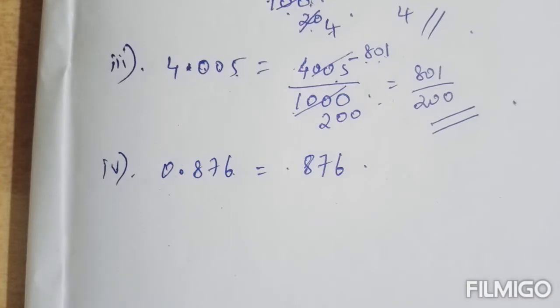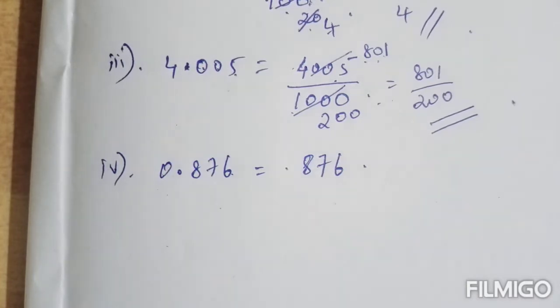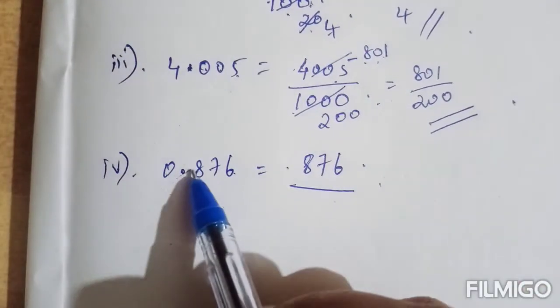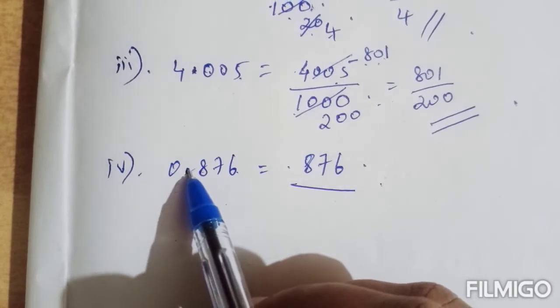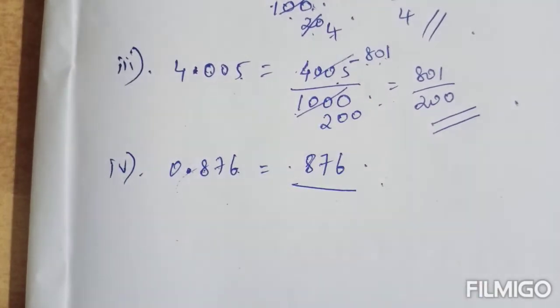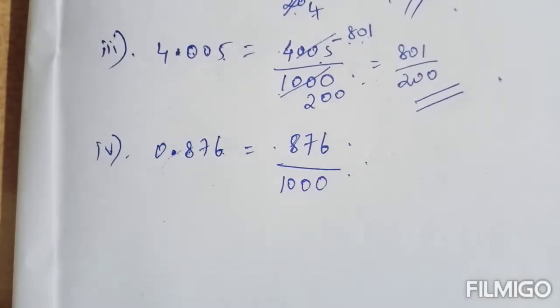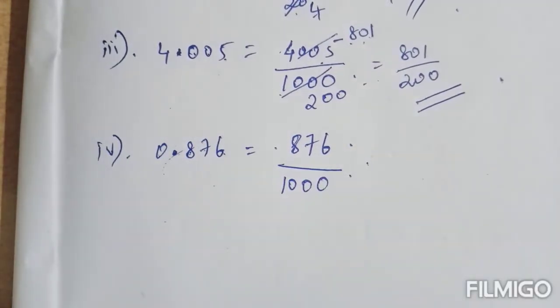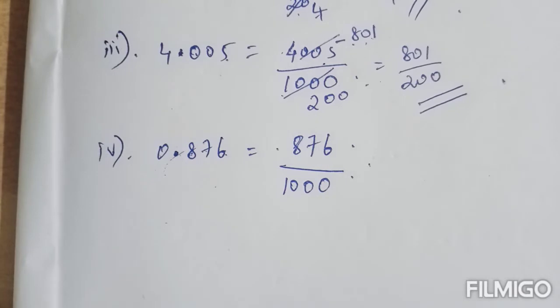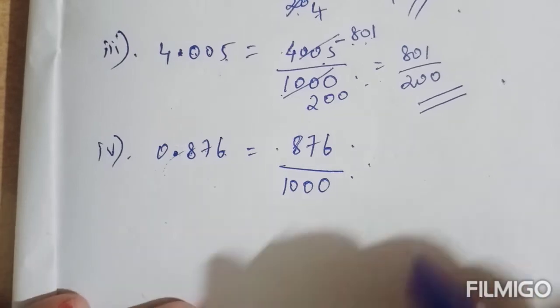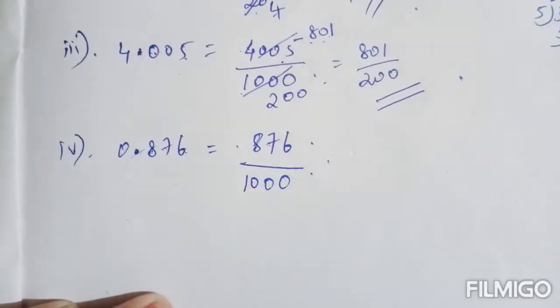That's why 0.876 means it is 876 by, what will be the denominator here? How many digits are coming after decimal point? 1, 2, 3. So the denominator will be 1000. If 3 digits are coming, denominator will be 1000. 2 digits are coming, denominator will be 100. 1 digit is coming, denominator will be 10. Like that. Now 876 by 1000.